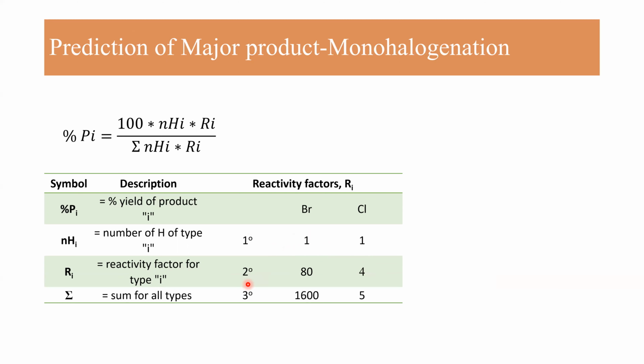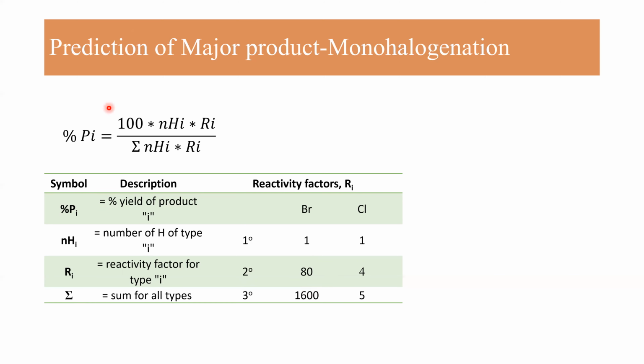In case of tertiary, you can see the huge difference: bromine has 1600 times preference for the tertiary one. That's why in the previous example, whenever a tertiary proton was available, it was the only major product we obtained, right?